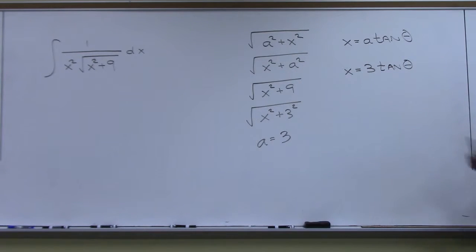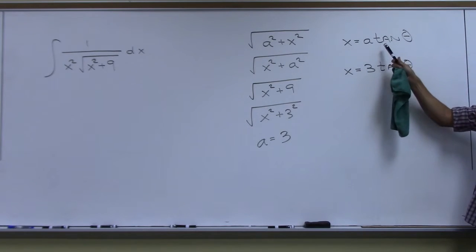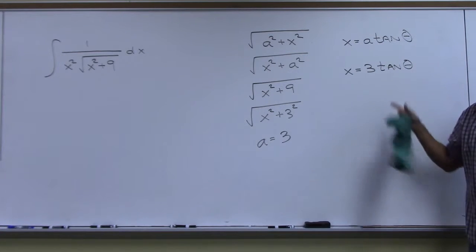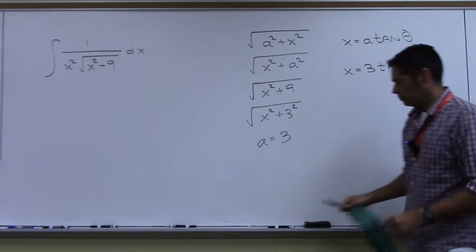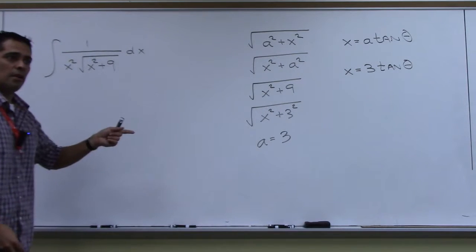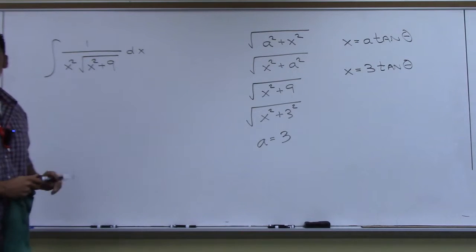So we've figured out what form it is, what our a is, what the substitution should be, and exactly what it is for us. What do I do with this now? I'm going to write it down, then I'm going to take its derivative, and then I'm going to look at what that square root thing is.